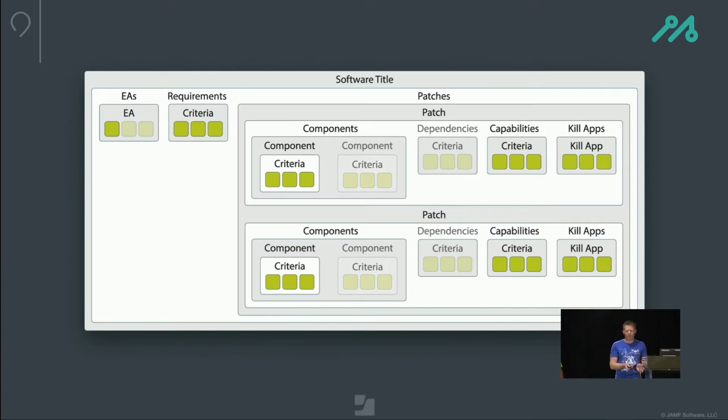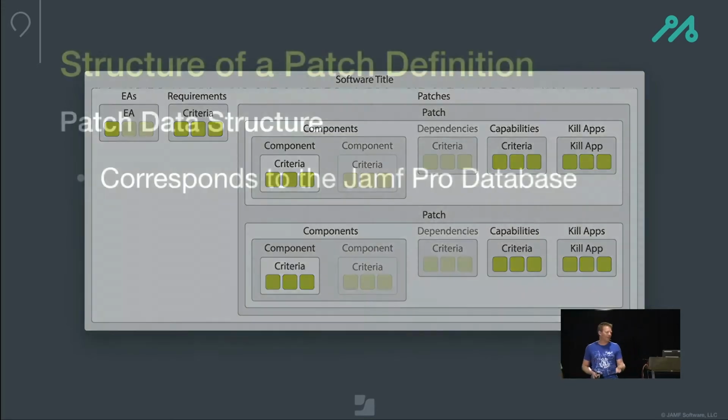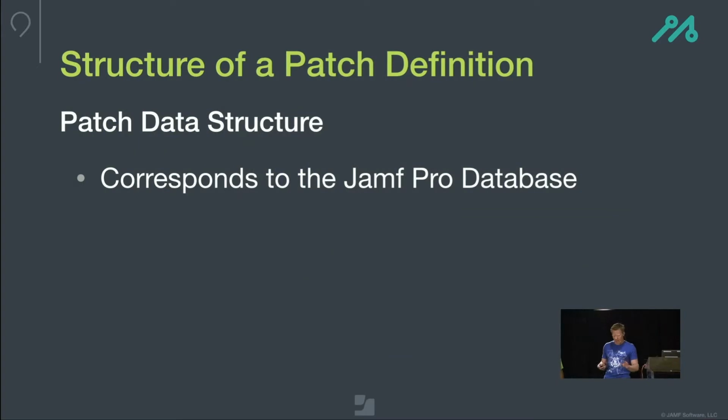Right now the data structure requires it, so it's a one-to-one relationship from the patch to its exacting criteria, with the component as a wrapper around it. There is also a dependencies object, which is no longer used but effectively needs to be present, and may come into use in the future.